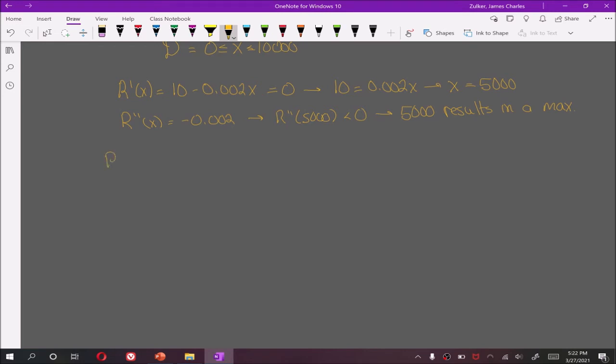So the price charged that maximizes revenue is P of 5,000. Right, that is 10 minus 0.001 times 5,000, which is equal to $5.